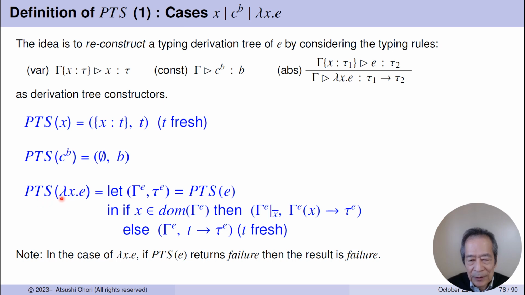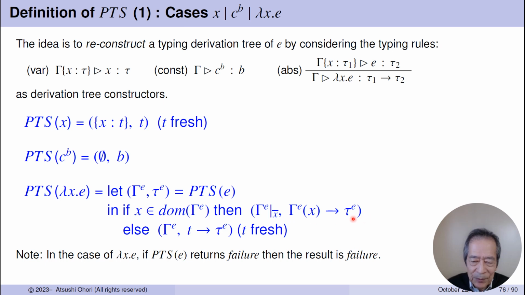The third one is lambda x dot E, lambda abstraction. In this case, we recursively call PTS on the body E to get the principal typing, this pair gamma E and tau E, and then do case analysis. In the first case, if x is in the domain of the returned type environment, in this case x is used inside of E, then we eliminate this x part of the assumption and return the rest as a type environment.